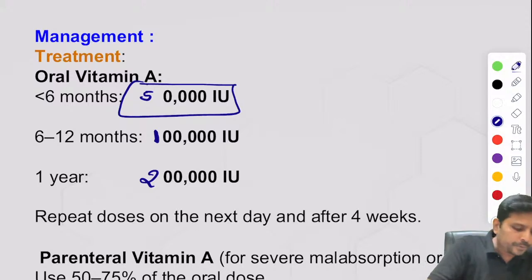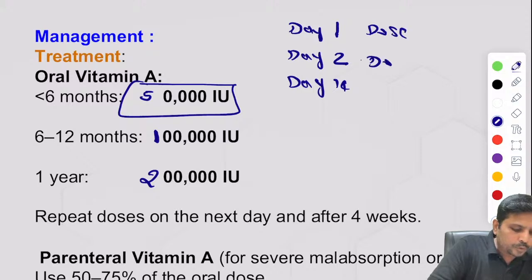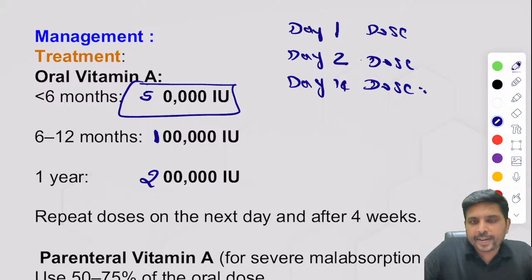How do you give it? Day 1 first dose, day 2 second dose, and day 14 third dose. This is the therapeutic management of Bitot spot.